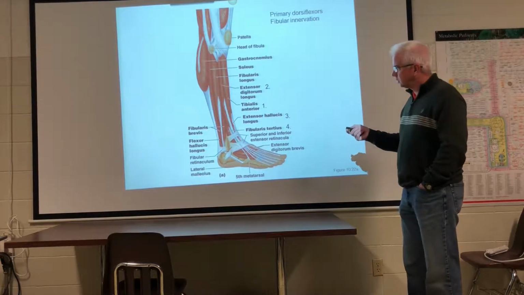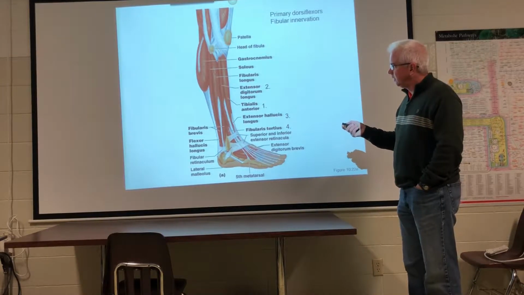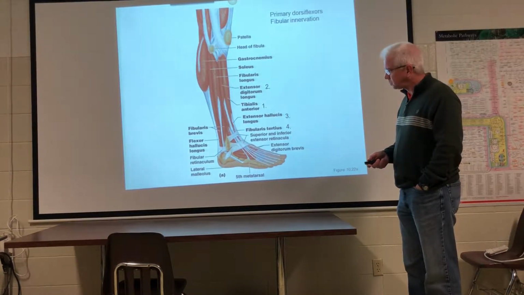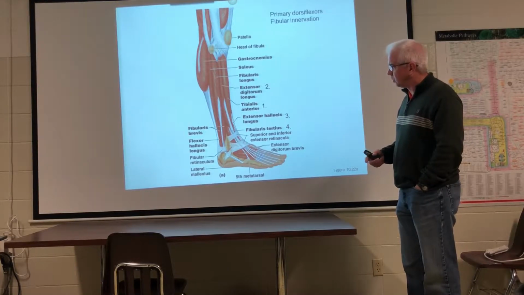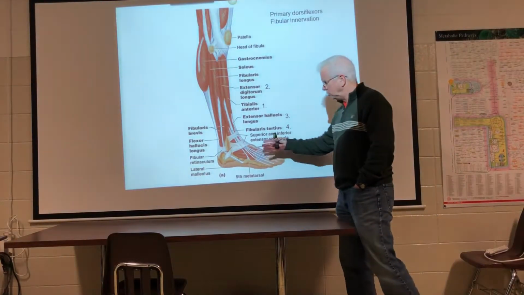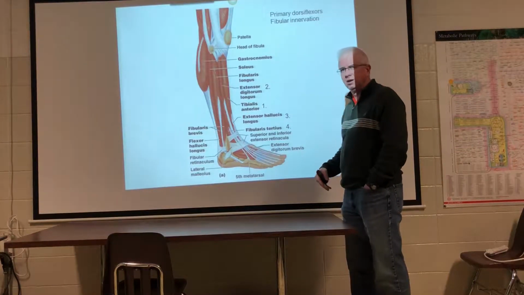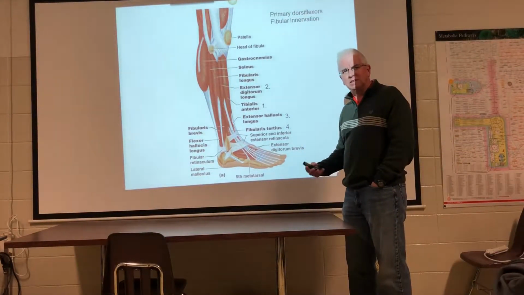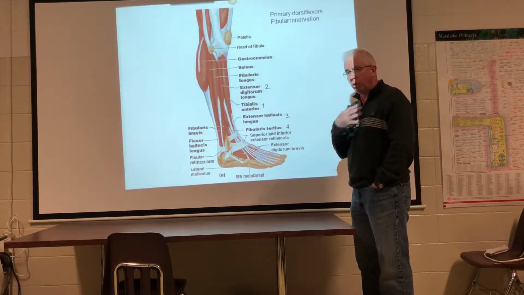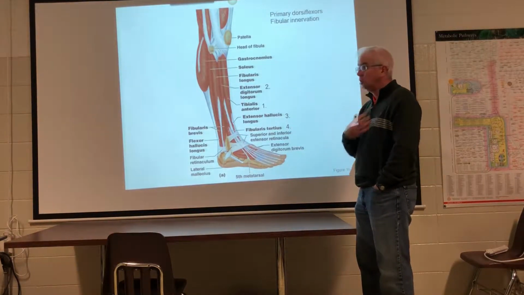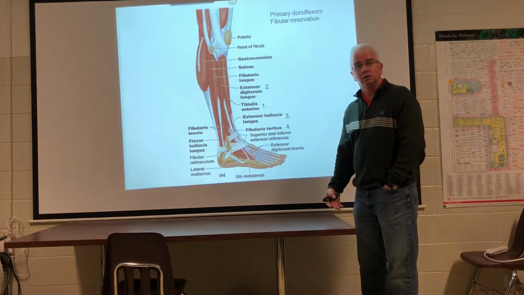But in order across here, the tibialis anterior, then the extensor digitorum longus. This, remember, I pointed out to you before when we were talking about joint movement, dorsiflexion and plantar flexion. Why do they call this muscle an extensor? In fact, the muscle is going to promote what we would call, in joint action, dorsiflexion.